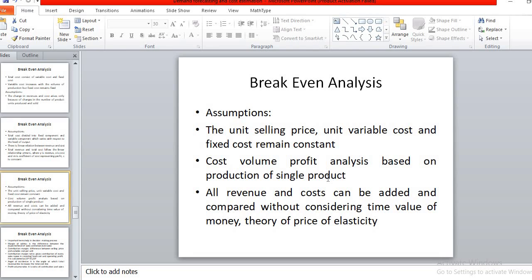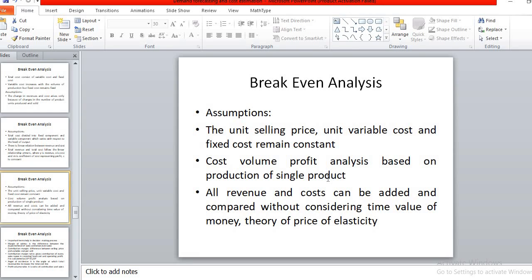You can also draw a break-even graph for multiple products, but the combination of sales of those products should remain constant as the total units sold change.